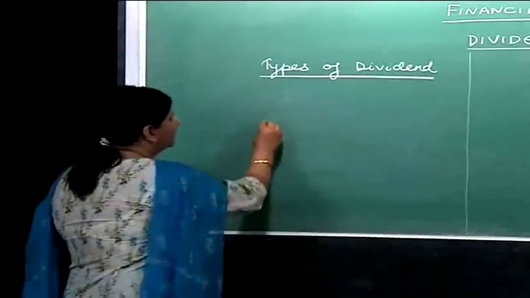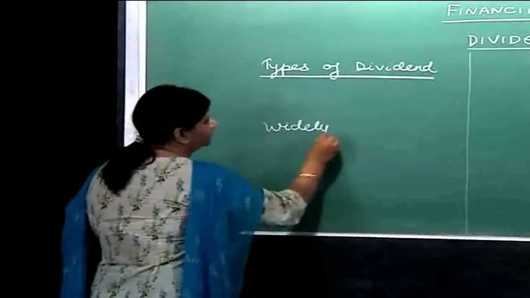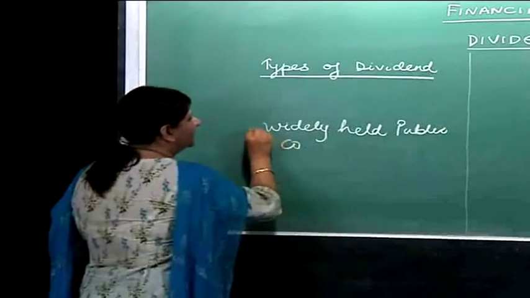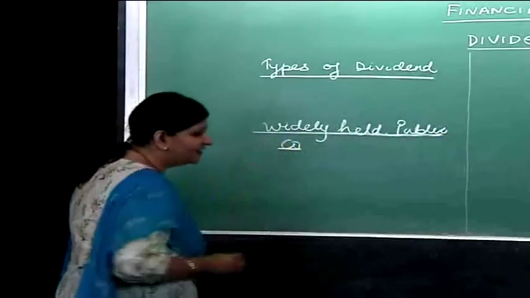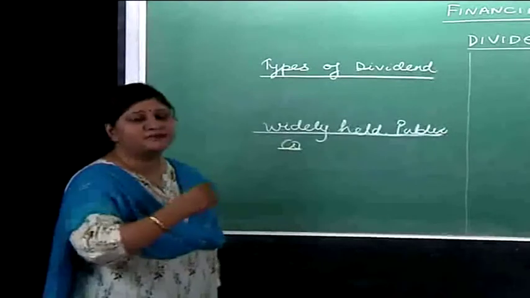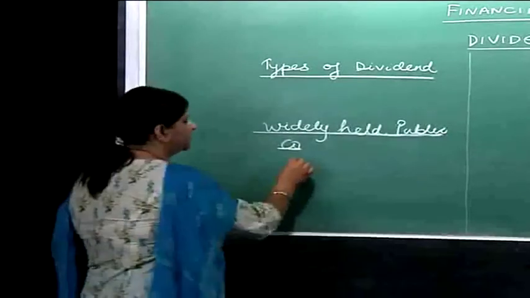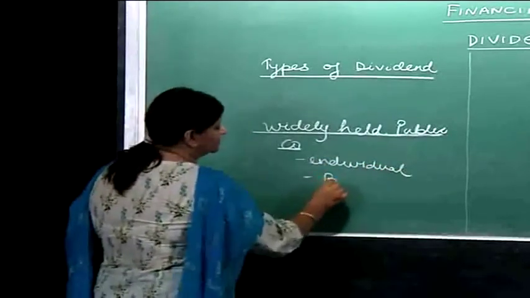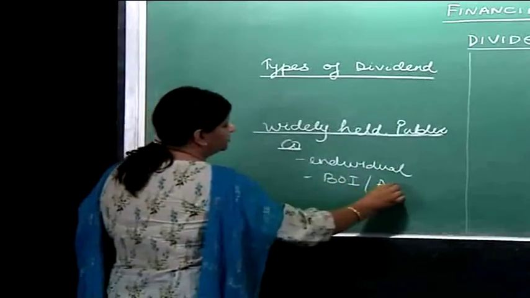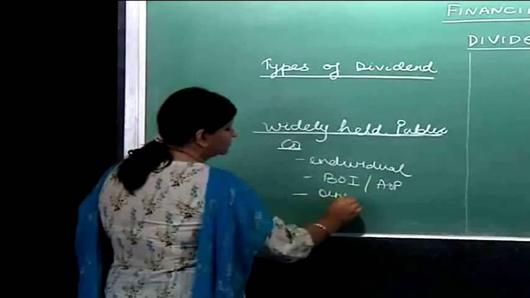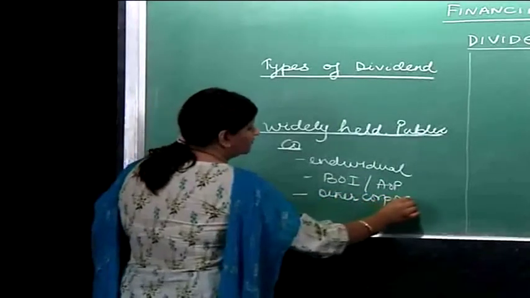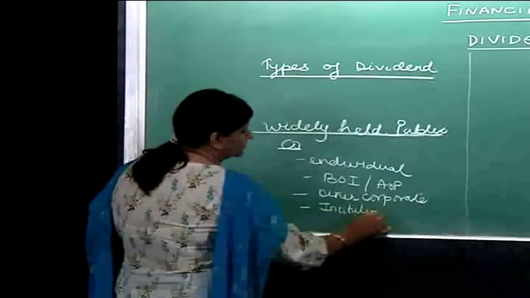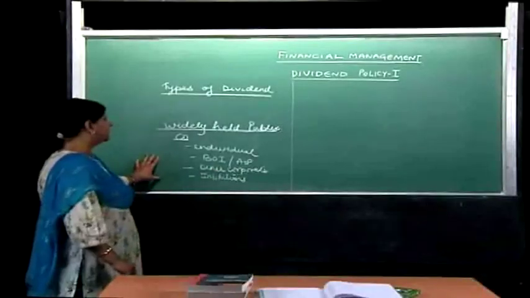Now, what is this widely held public company? Widely held public company means that company whose shares are with general public at large, and such public shall include individuals, body of individuals, it can be association of people, other corporates, financial institutions, and they take care of the shares of the company.